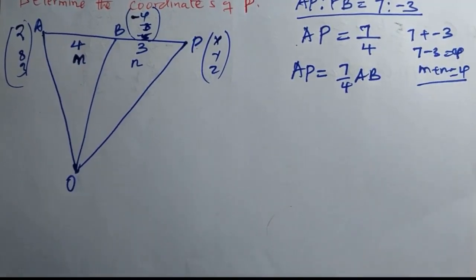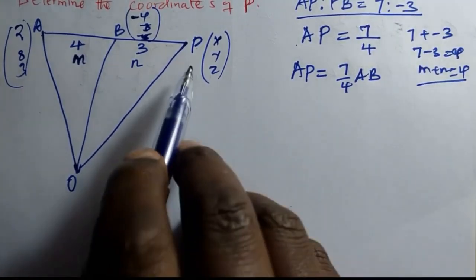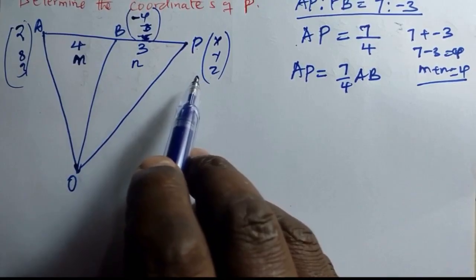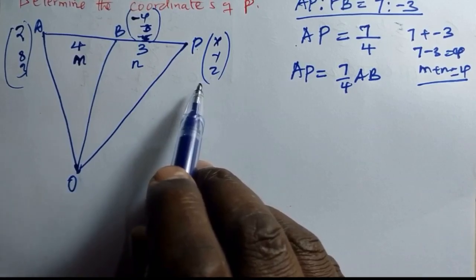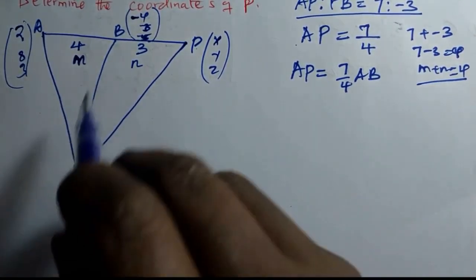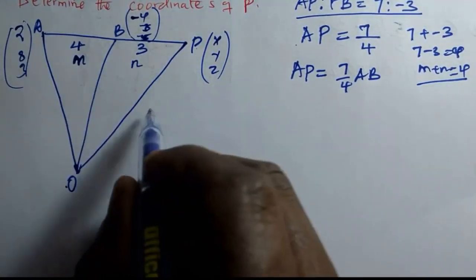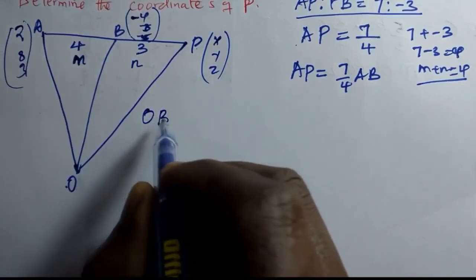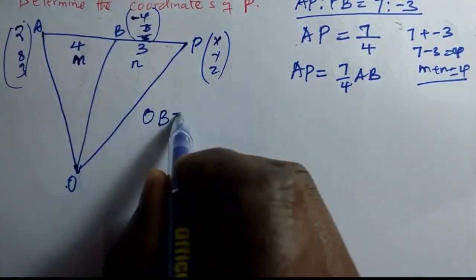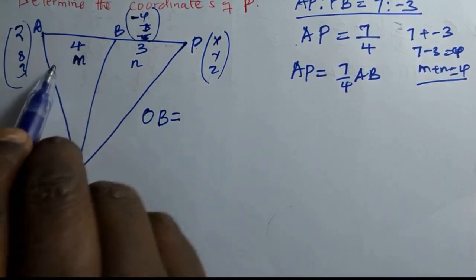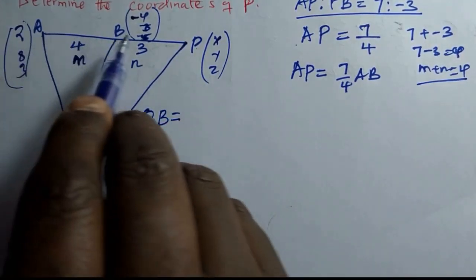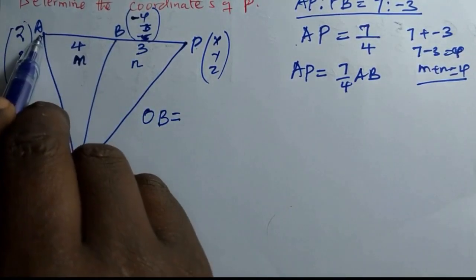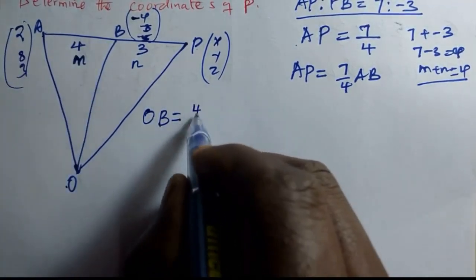So let's go straight to the working. We know we can go straight and get P, but I want to go the way that you understand. How do we get OB? OB, using the ratio theorem, is equal to, using the ratios, 4 over the total 7, which is 4 over 7.